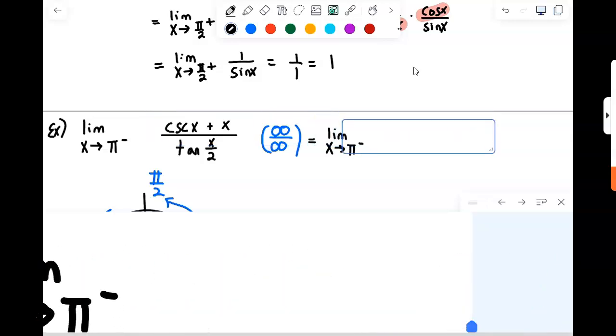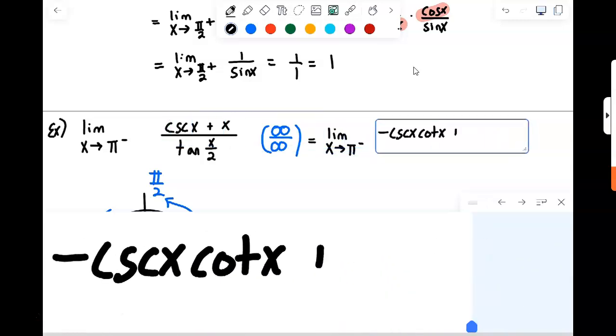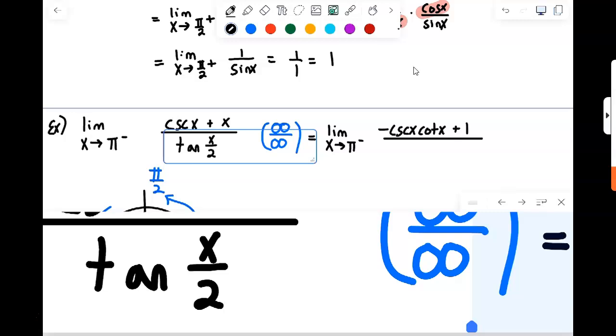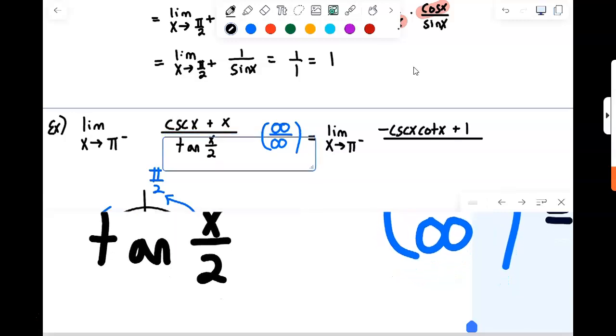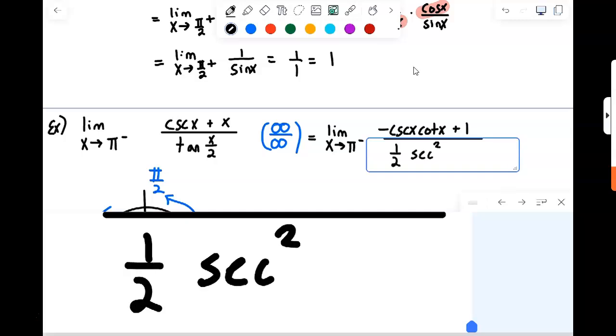Derivative of cosecant is going to be negative cosecant x, cotangent x. Derivative of x would be plus 1. Okay, in the bottom, we would do the derivative of tangent of x over 2. So derivative of tangent will be secant, derivative of x over 2 would be 1/2. So this is going to be 1/2 secant squared of x over 2.